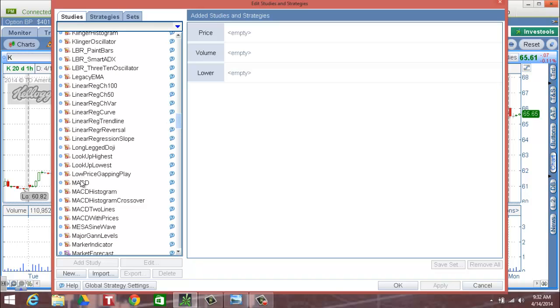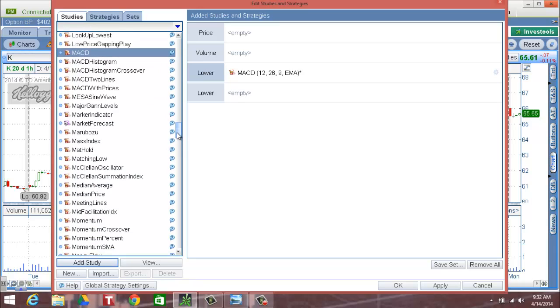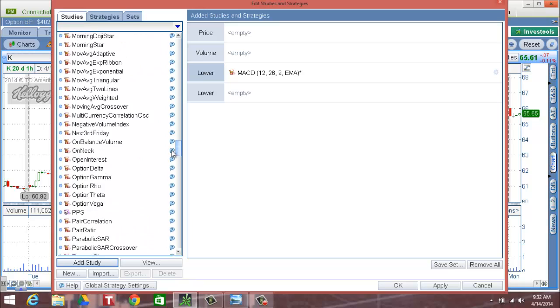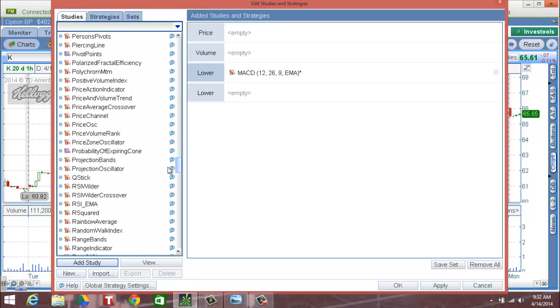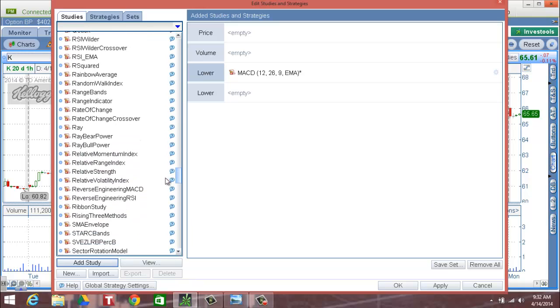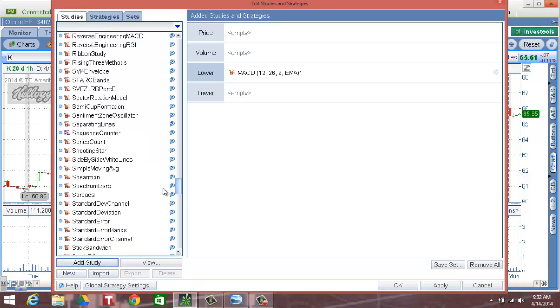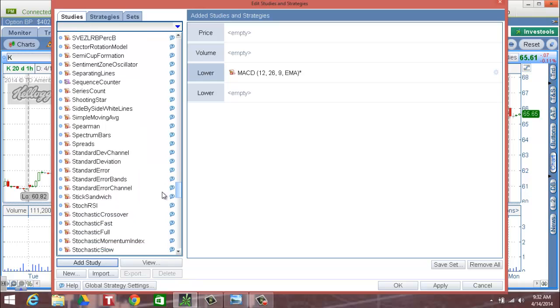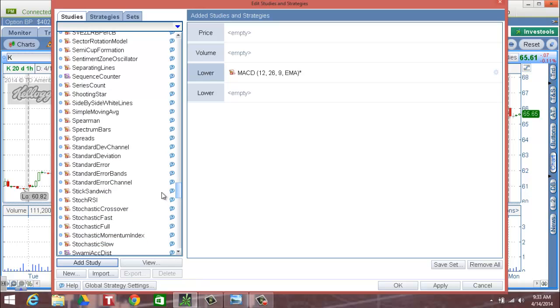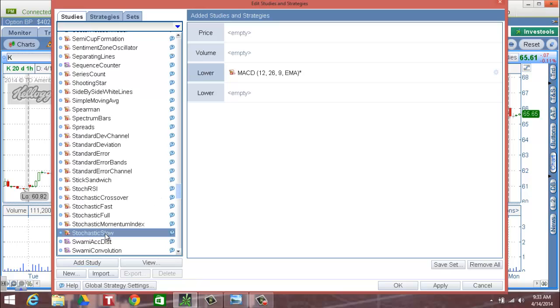So here's our MACD. We can add that one, and we say add study, and then we're going to scroll on down to the slow stochastics. And we have the slow stochastics right here.